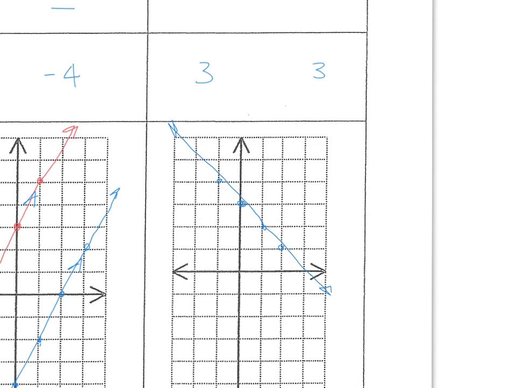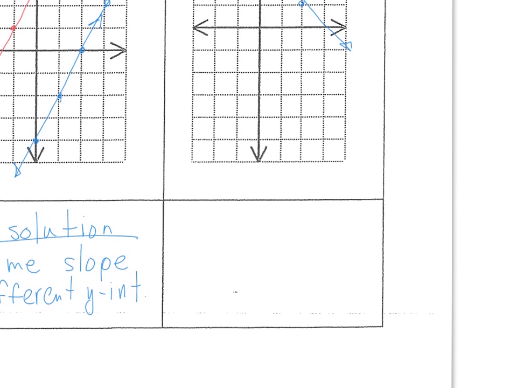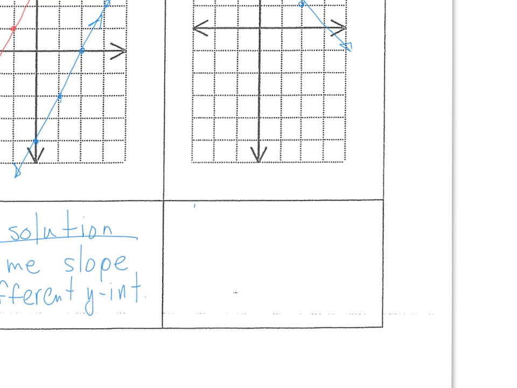And if both lines sit right on top of each other, they are the same, and that means that there are an infinite amount of solutions. Okay?